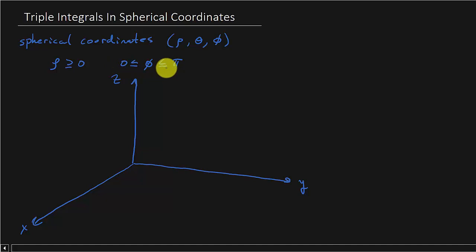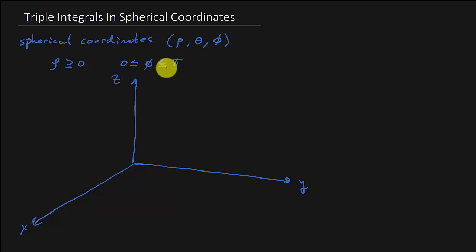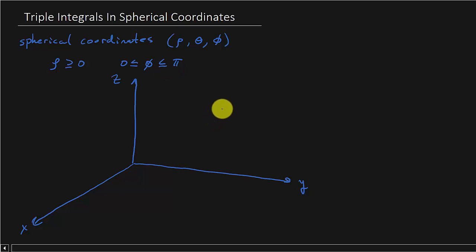So let's draw a picture of what we've got here, label it, and write some equations down. Suppose you have a point right here, and this is the point x, y, z in rectangular coordinates.